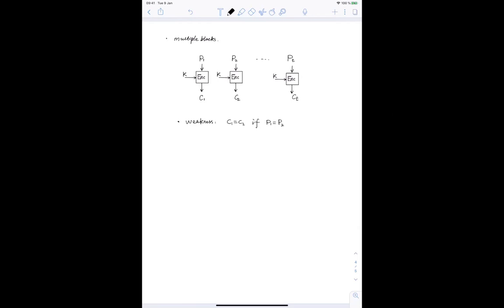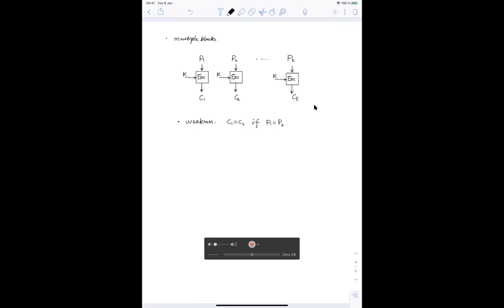So in this case, if we add some extra input to each block, and these inputs are different from each other, then even if the input plaintext is the same for 2 blocks or for all the blocks, the ciphertext will be totally different. That's the idea.